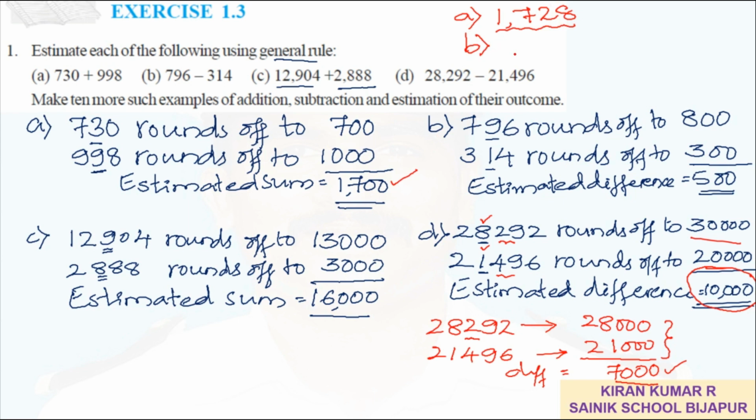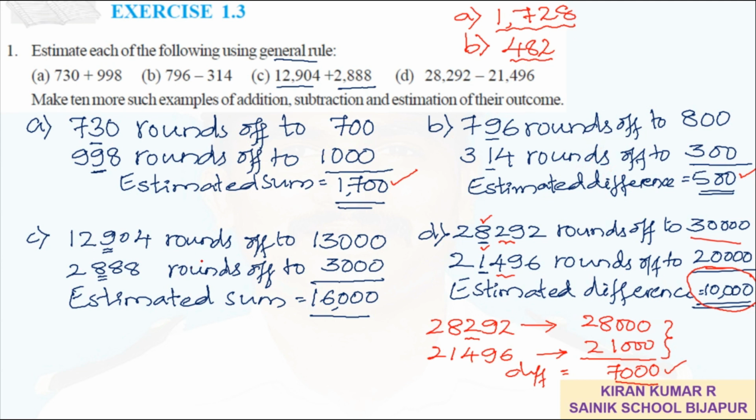Let me take the second one. 796 minus 314. The difference is 482. This is the actual difference. Is it nearer to the estimated difference? Yes, 500 is very much closer to our actual difference. Therefore, this answer is right.